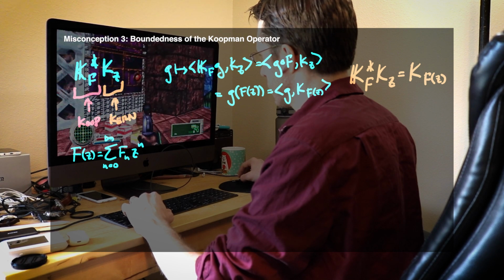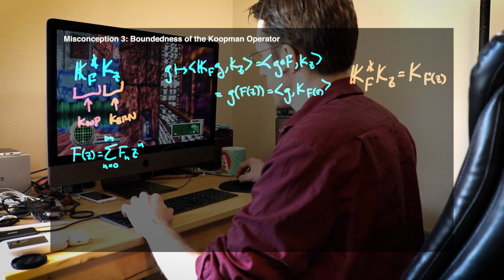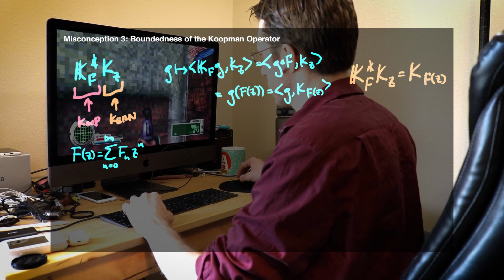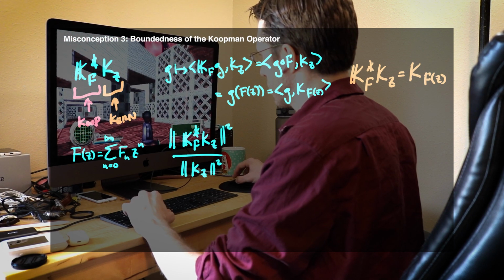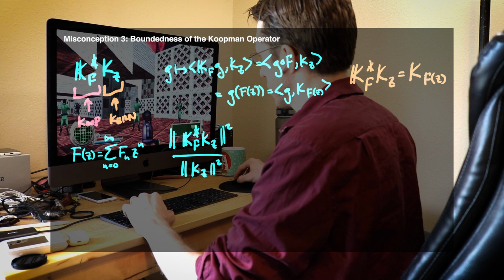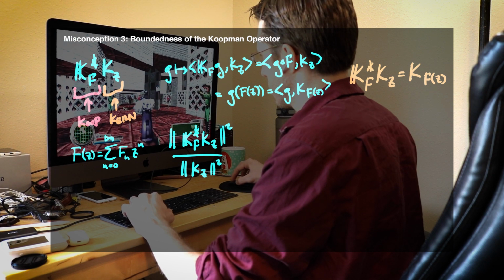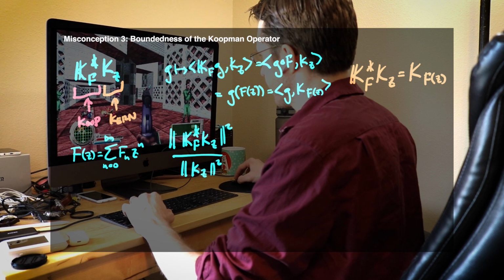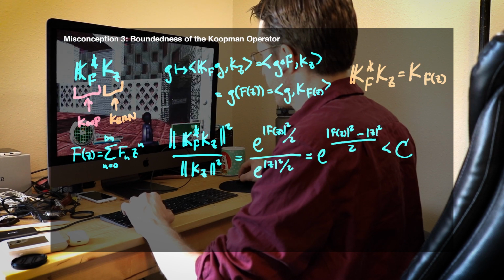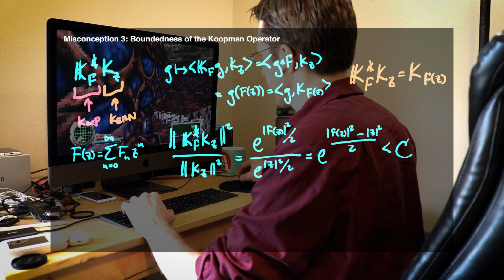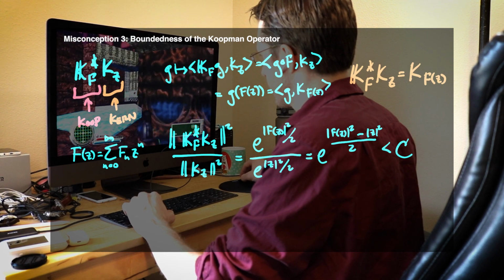So what we do is we take a look at the norm of the adjoint of the Koopman operator applied to k_z, where that's the kernel function centered at z. We take that norm, we square it, and we divide by the square of the norm of k_z. On the top, we get e to the |f(z)|^2 divided by 2, and on the bottom we get e to the |z|^2 divided by 2.